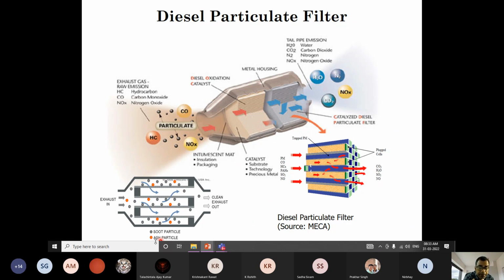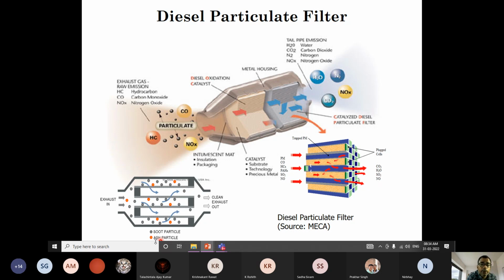Or sometimes they increase the temperature of the exhaust gas by using what is called late injection into the combustion chamber. Those slow reactions will go on and it will increase the temperature of the exhaust.